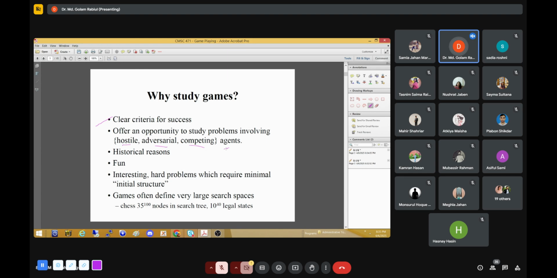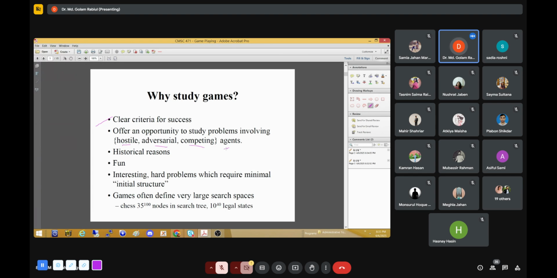And interesting hard problems which require minimal initial structure. Sometimes the games are very difficult, but still we need to find an easier way to design or restructure it. And sometimes it is difficult even for a human being to be an expert on such games.